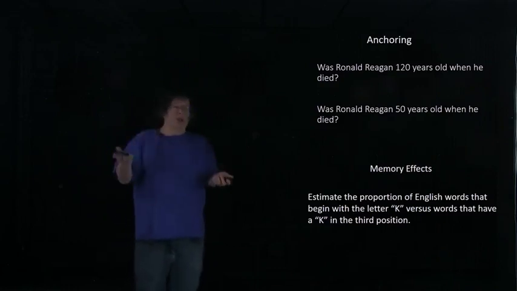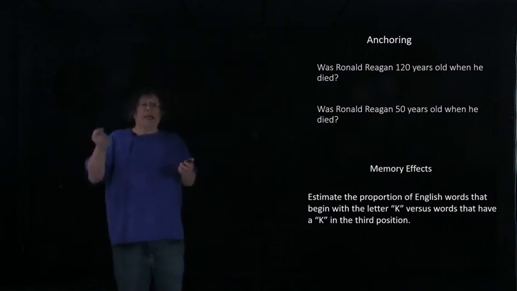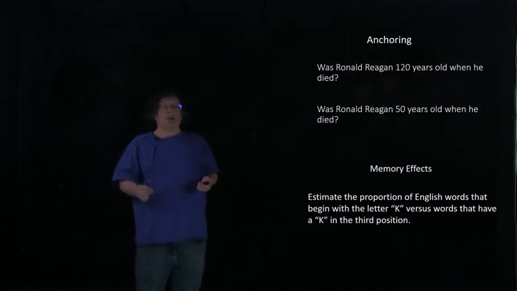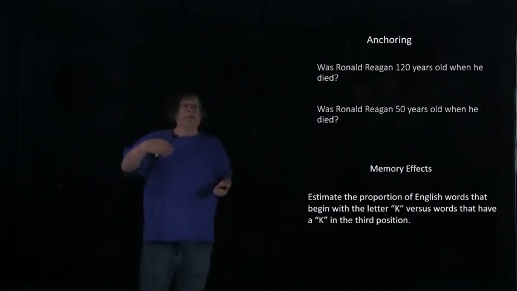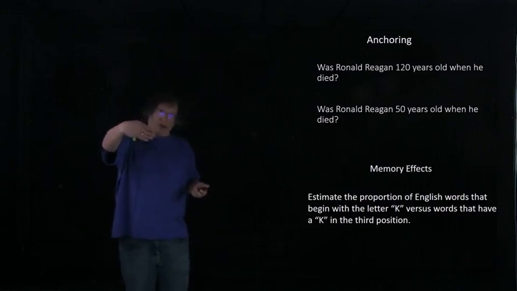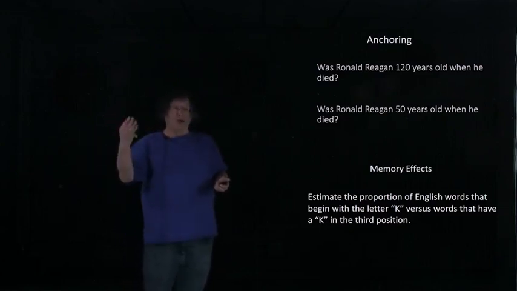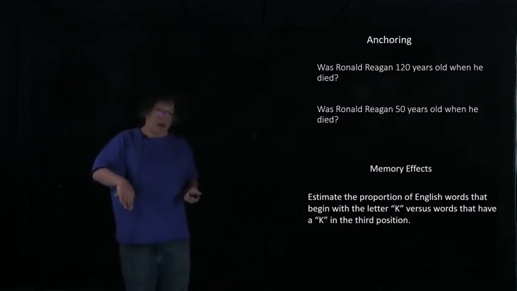So they answer no. But then, in both cases, if you ask the person a subsequent question, how old was he when he died? The people who are asked the first question will reliably give you a larger number, an older number, than the people who are asked the second question.